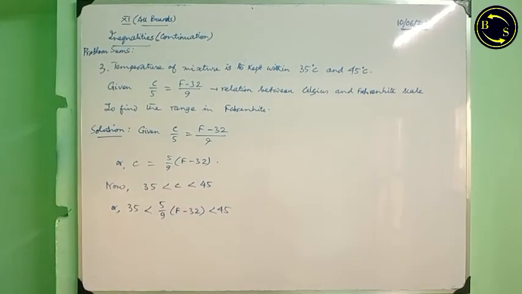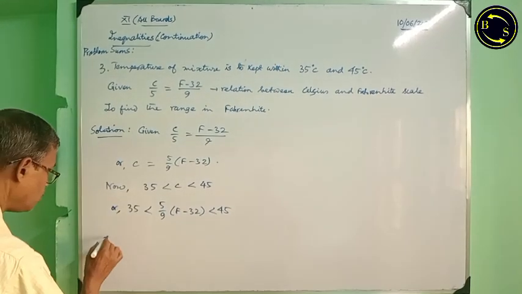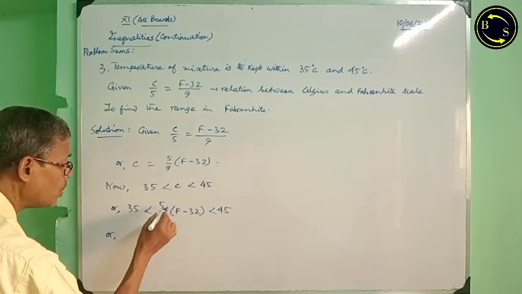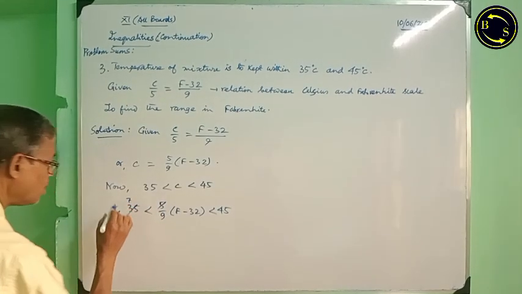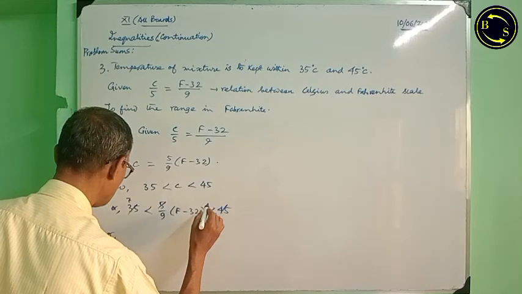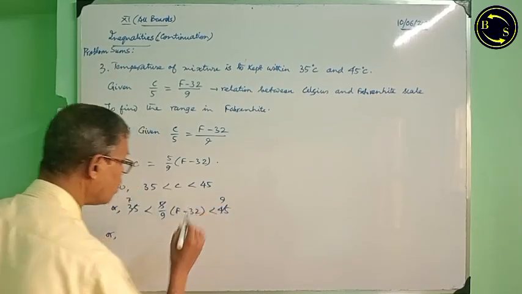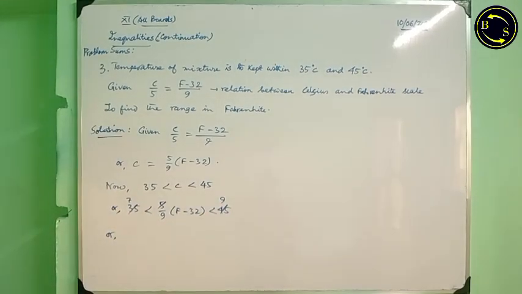Now we have to simplify. First of all, I cancel by dividing each by 5.